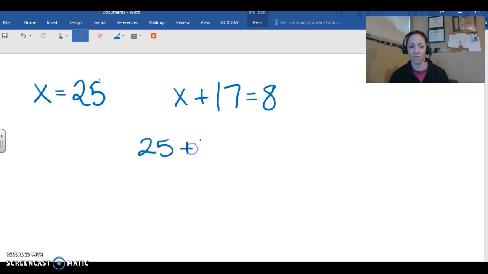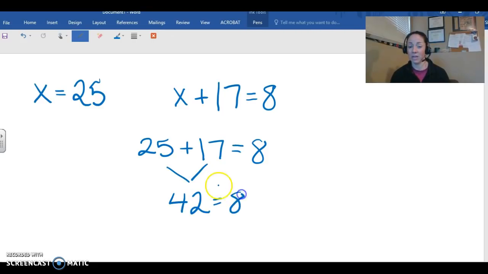So 25 plus 17 equals 8. Well, we have to add 25 plus 17. When we put those together, that gets us what, 42? So does 42 equal 8? No, it does not. That means that x cannot be equal to 25. That is not the correct solution.